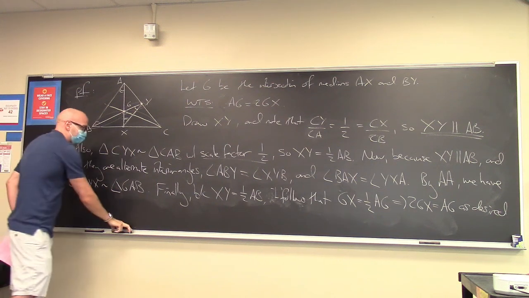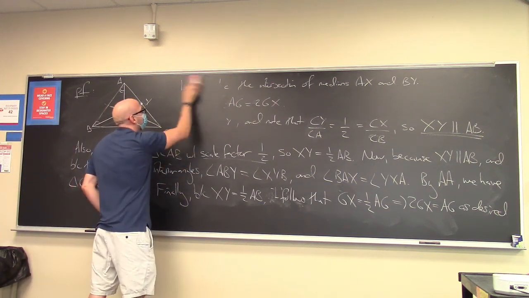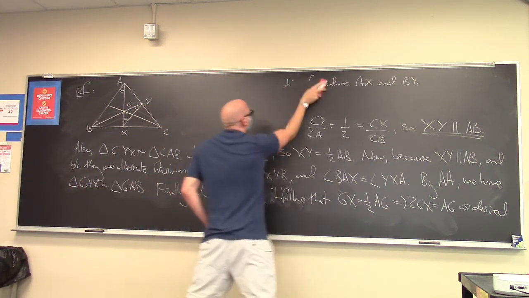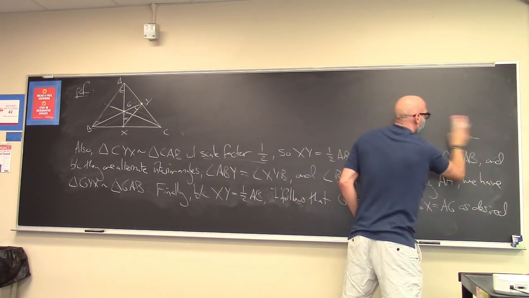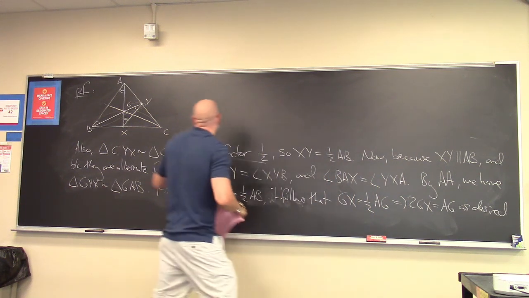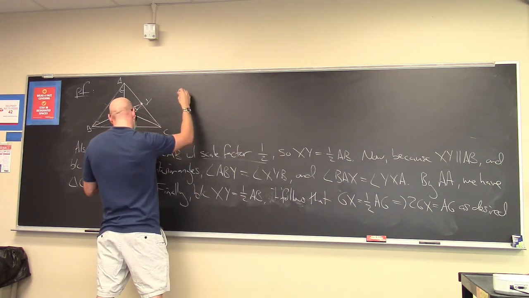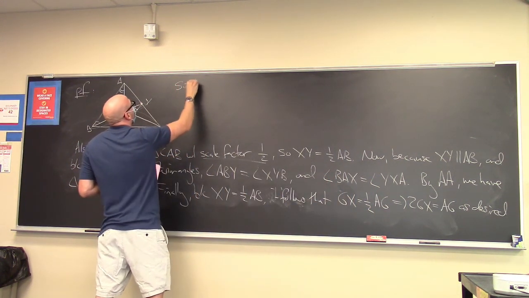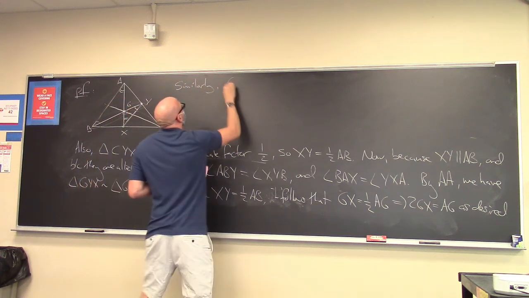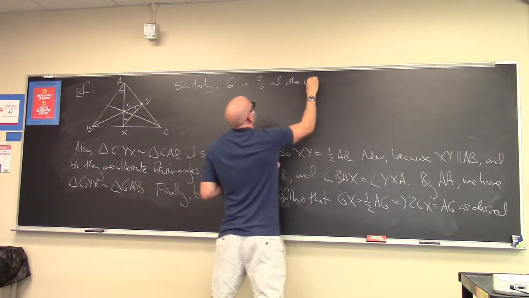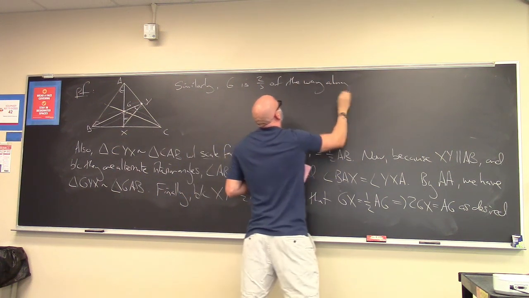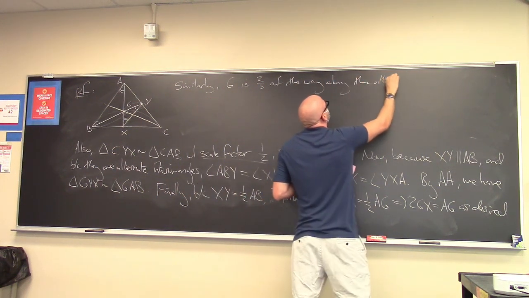But I think we'll just stop here in the interest of time. Using similar methods of proof, you can show all that stuff. So similarly, G is 2/3 of the way along the other medians as well.